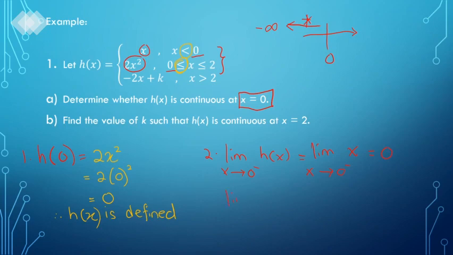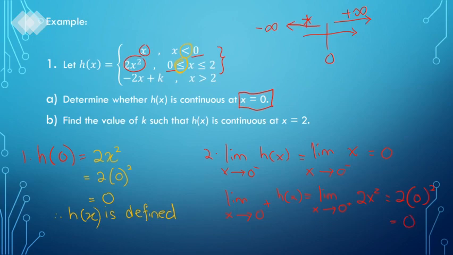Okay, then limit as x approaches 0 from the right hand side of h(x), this area, the right side. So which one do you choose? The other function. And then substitute into 2x squared.